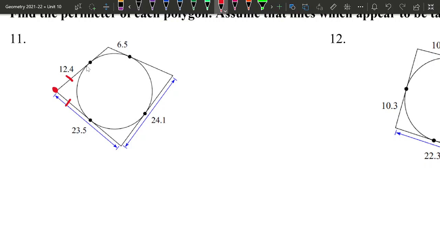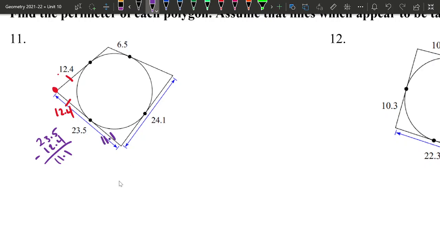And so if this piece here is 12.4, then that's 12.4 over here. And now I can use that 12.4 to calculate this piece. I could say 23.5 minus 12.4. And that's going to give me 11.1. So that means this one is 11.1.